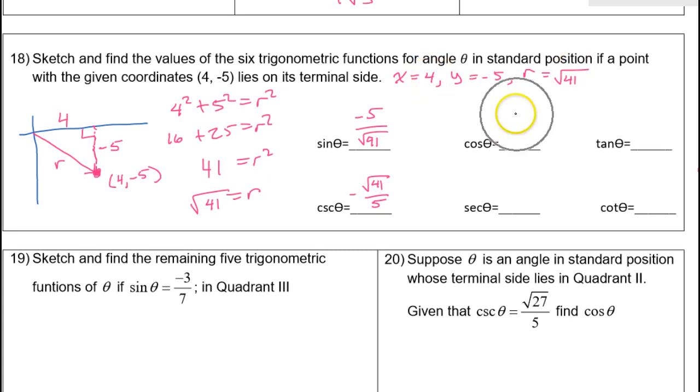Cosine is x over r, so that should be 4 over radical 41. And secant is the reciprocal of that, so that'll be radical 41 over 4. And tangent is y over x, so that's going to be negative 5 over 4. And cotangent will be the reciprocal of that, so negative 4/5.